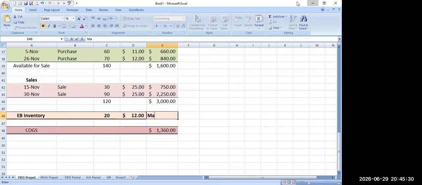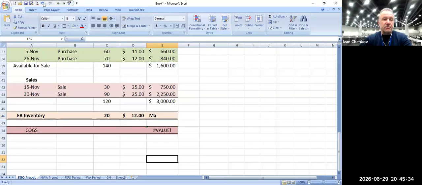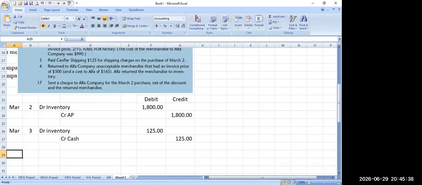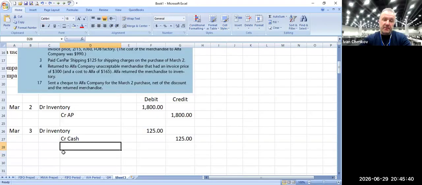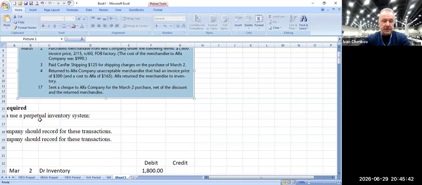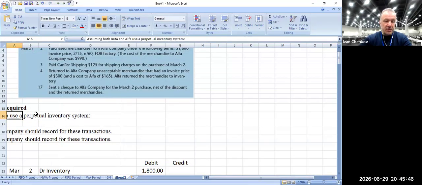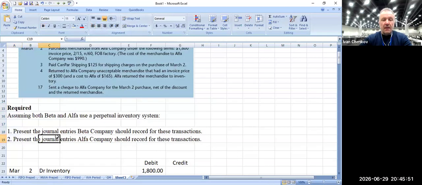Why are we debiting inventory for shipping charges? For the shipping charges, because we use the perpetual inventory system. Once we're using the perpetual system, as it says in the question, we're charging everything to the inventory account.